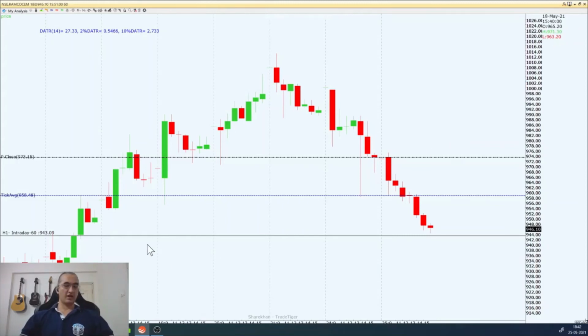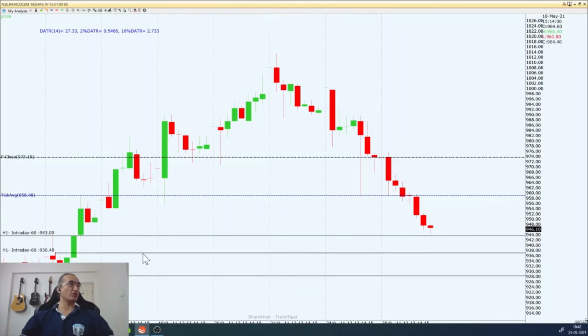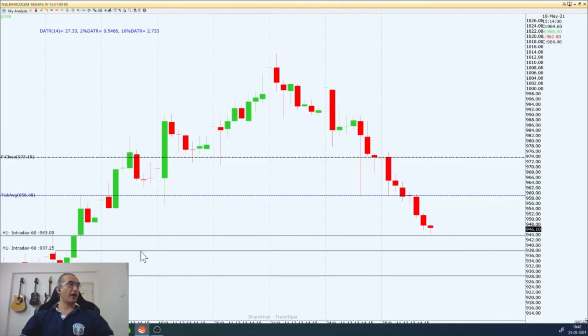However, I can have a stop loss, like I've told you before, just below this particular basing candle's lower wick, right? Or I could fine tune it further and use this basing candle, because this is also a basing candle, and have the buying price at 937 rupees and 25 paise with a stop loss at 927.7.